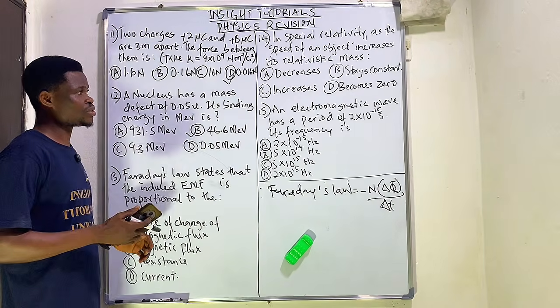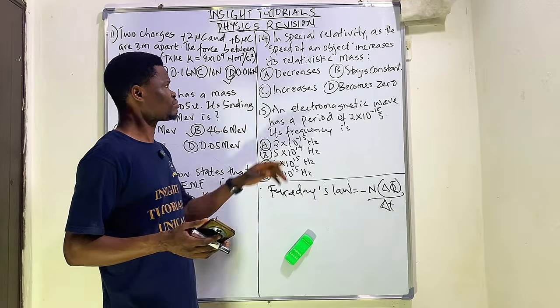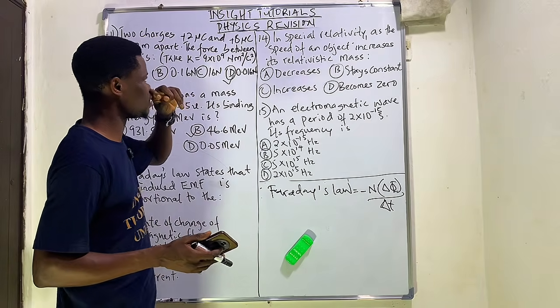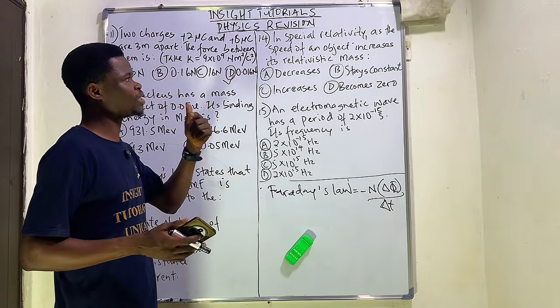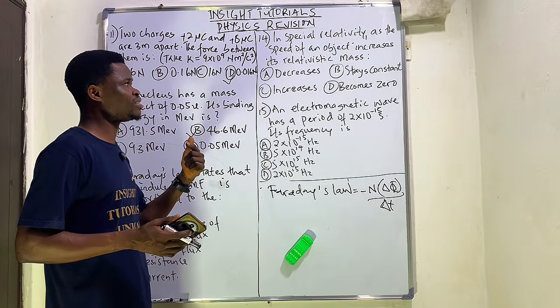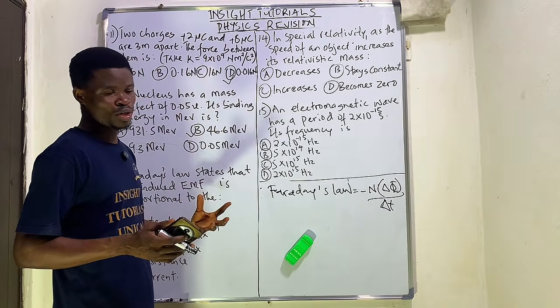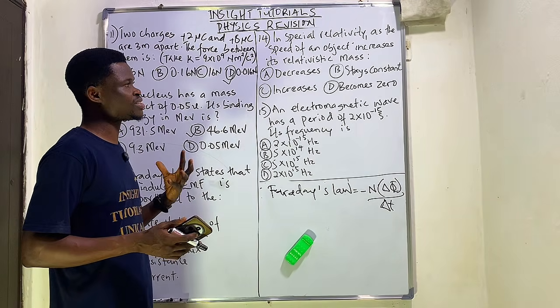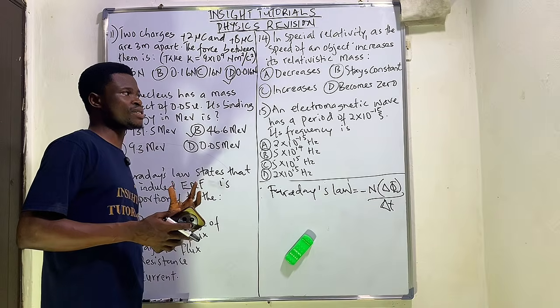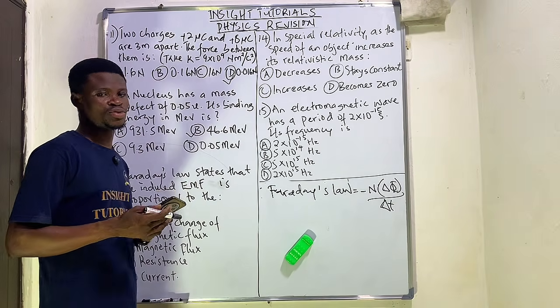We'll go to the next question that says that in special relativity, as the speed of an object increases, its relativistic mass dash, A says decreases, B says stays constant, C says increases, and D says becomes 0.